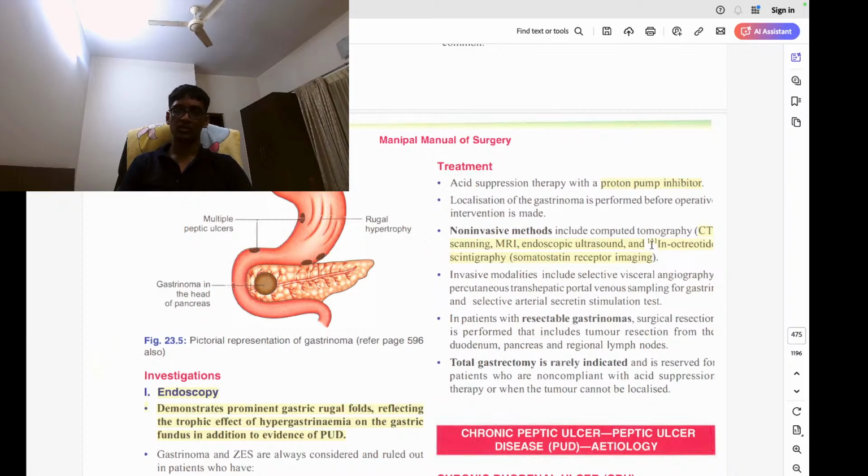In patients with resectable gastrinomas, surgical resection is performed that includes tumor resection from duodenum, pancreas, and regional lymph nodes.